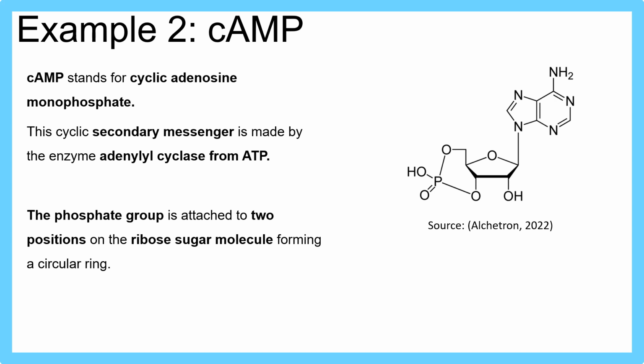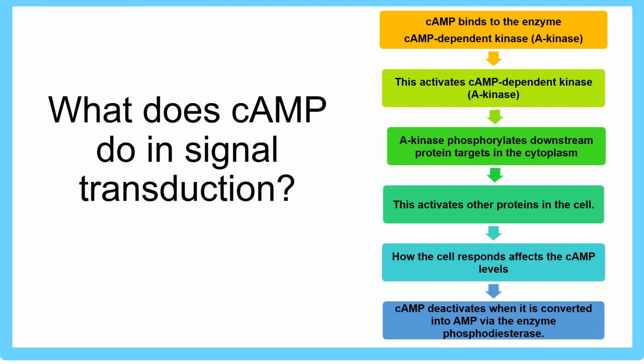And to be able to produce cyclic AMP, you require an enzyme called adenyl cyclase. So adenyl cyclase utilizes ATP to produce cAMP. So once it's activated, what does cAMP do? cAMP binds to an enzyme called protein kinase A, or cAMP-dependent kinase, so A kinase. And once that binding occurs, it activates it.